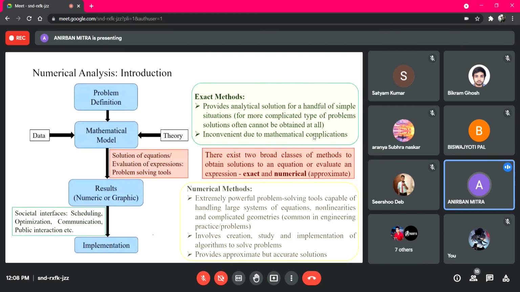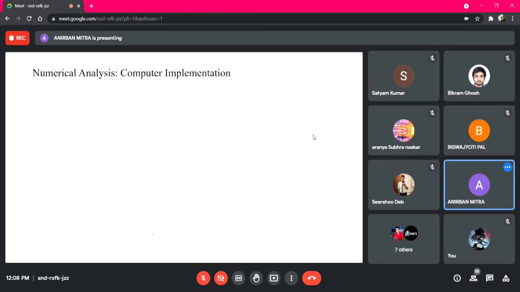And that is the advantage of numerical methods. Now, our course is, of course, dependent on writing programs in computers for numerical methods. So it is prudent to think about this computer implementation of numerical analysis at this point.